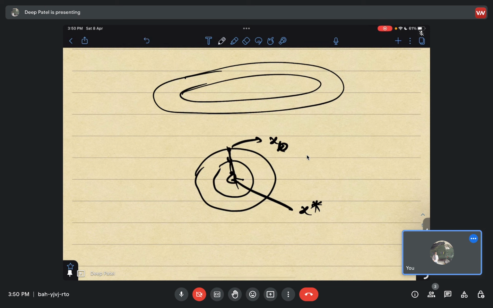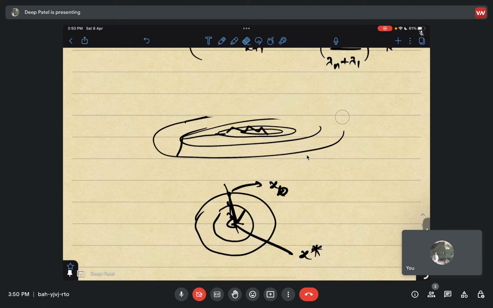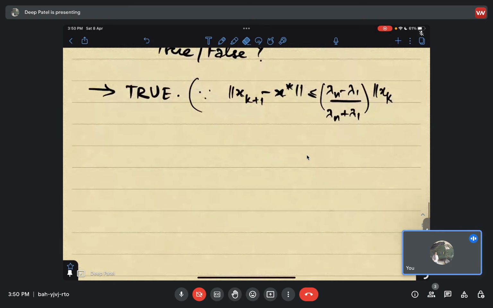You can just go straight. But here, you end up going like this. That means the curvature is non-uniform across the level curves. Yeah, in a way you can say that.